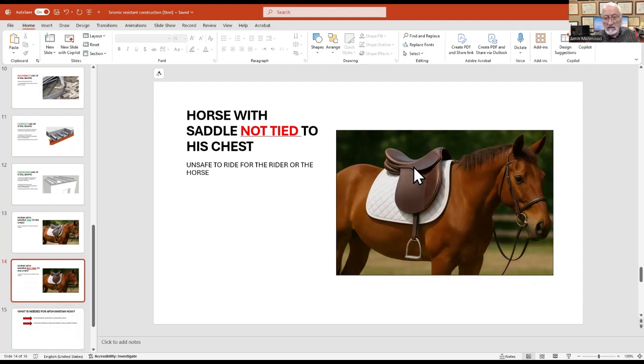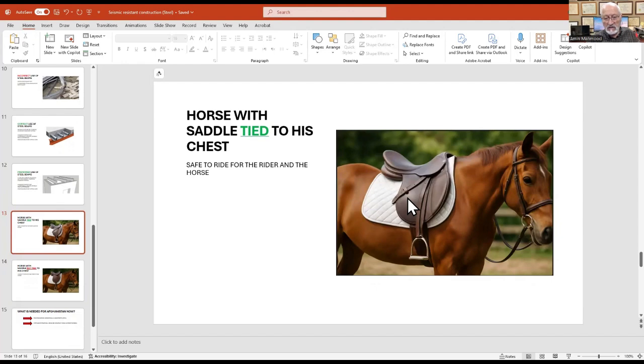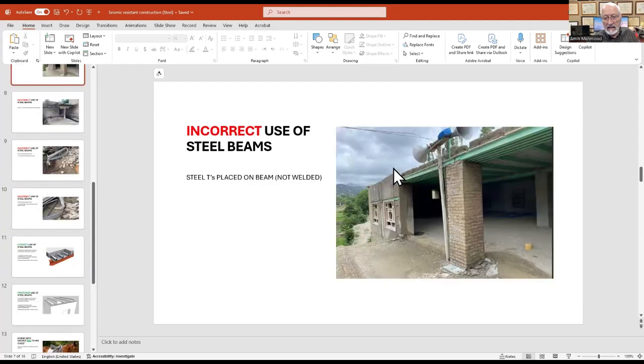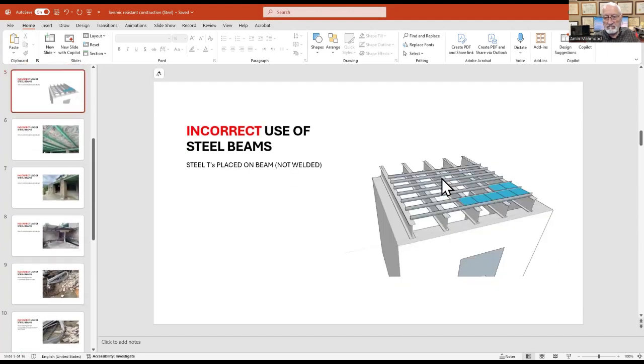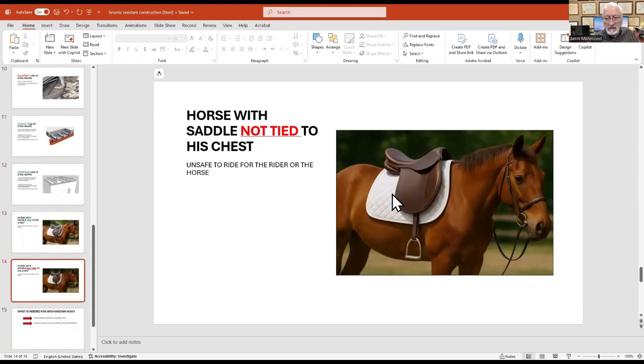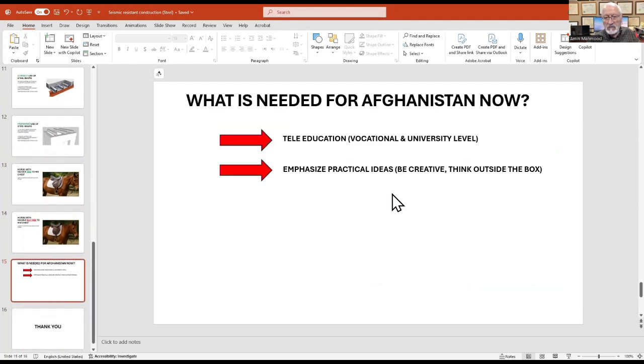If somebody is riding it, it's very dangerous for the rider and also for the horse. Most likely, very quickly, the rider will fall off, the saddle will fall off. If it's tied, it's very secure. The beam is like a saddle tied up. These are saddles not tied up. So this is the end of the presentation.